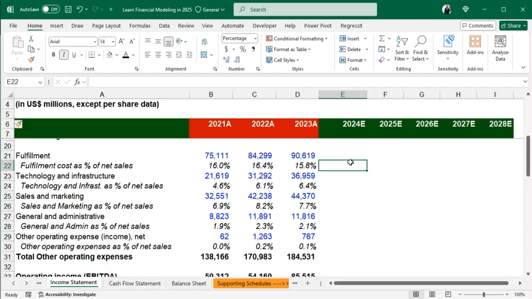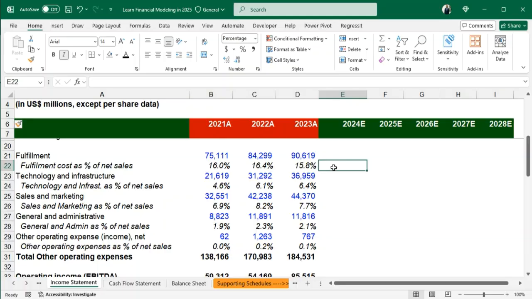Now, once again, for fulfillment costs, we want to be conservative enough, so we can use the maximum percentage as a start.